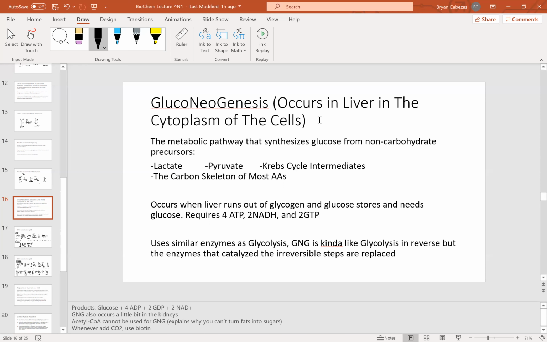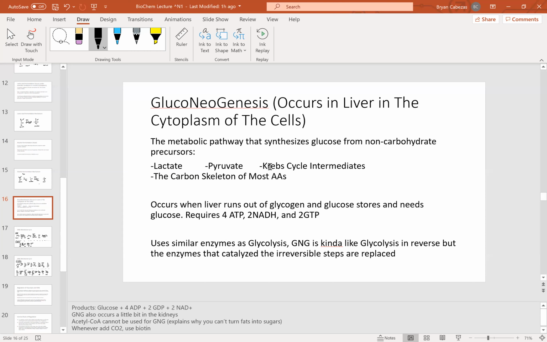Basically, you don't have a lot of glucose in your blood. Let's say you didn't eat for a while, and your liver is like, we're going to need to get some sugar in the blood, or else we're going to be hypoglycemic. So what it does is it takes, not random, but typically things that you don't find involved with the production of glucose.